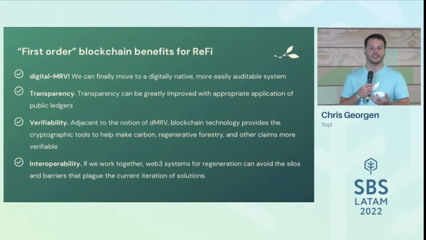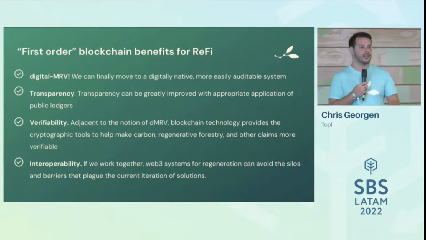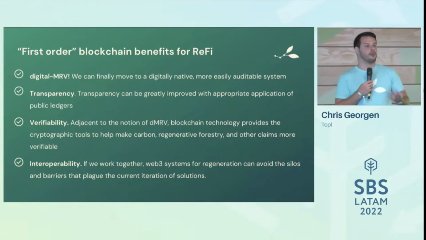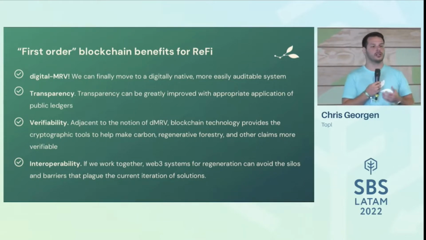And then finally, we've got interoperability. Instead of siloed marketplaces where you can't move credits from point A to point B, we have blockchains that are able to connect to each other and seamlessly interoperate. It was actually one of the big accomplishments from the event a number of us were at last week as well.